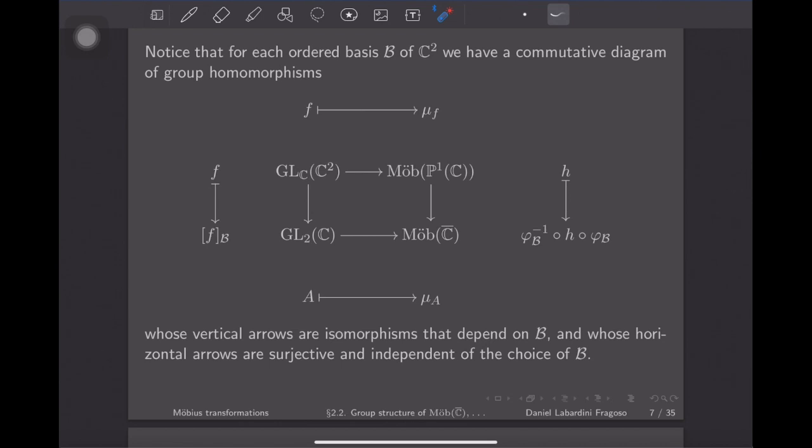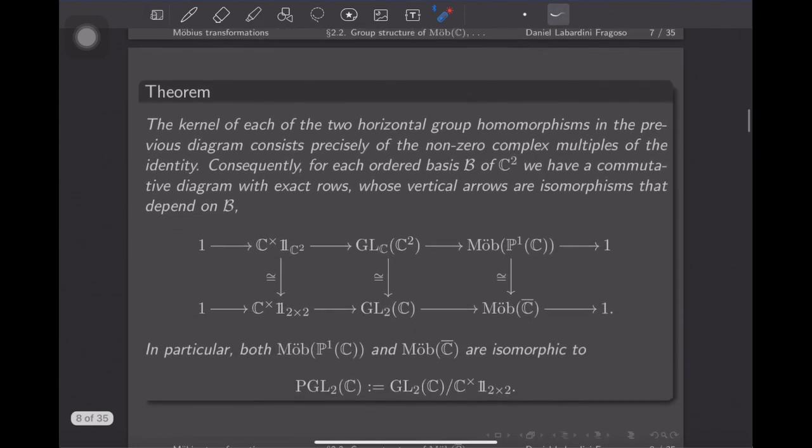If we find the kernel, for instance, of this map, then by the first isomorphism theorem from group theory, this modulo the kernel would be isomorphic to this one, and that would give me a concrete way of thinking about the group I'm interested in. So that's why I want to find the kernel.